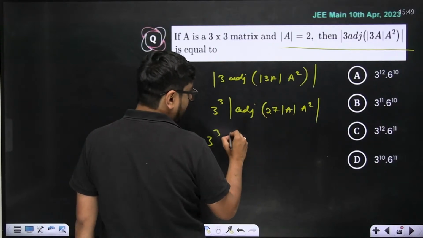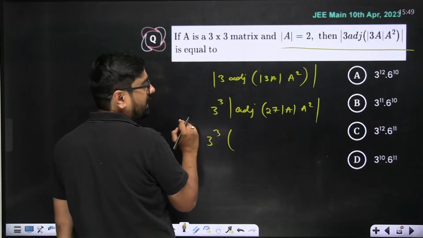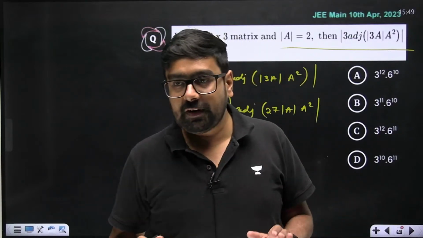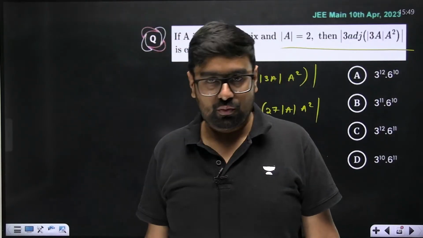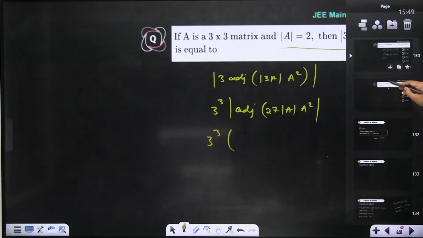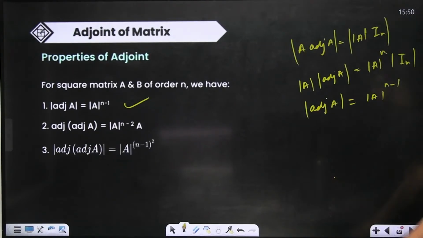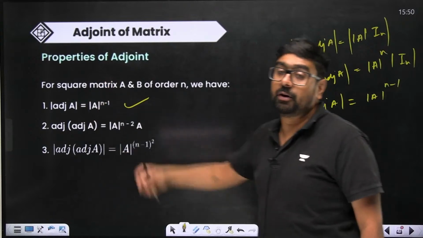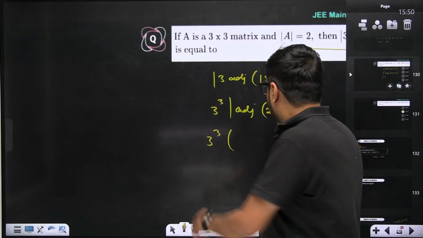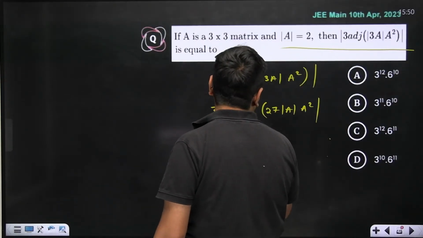Directly 3 we have taken out, 3 to the power 3 came out. Now determinant of adjoint of A is determinant of A to the power n minus 1. These formulas only are working. Okay. So now this entire determinant, if I want to open, this will become determinant of 27.